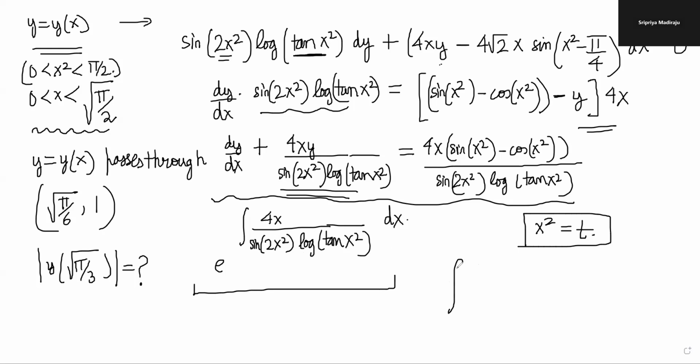From there, you will get 2 dt on top and sine of 2t and log of tan of t. What is the next step now? It is so obvious. How are you not able to integrate this?